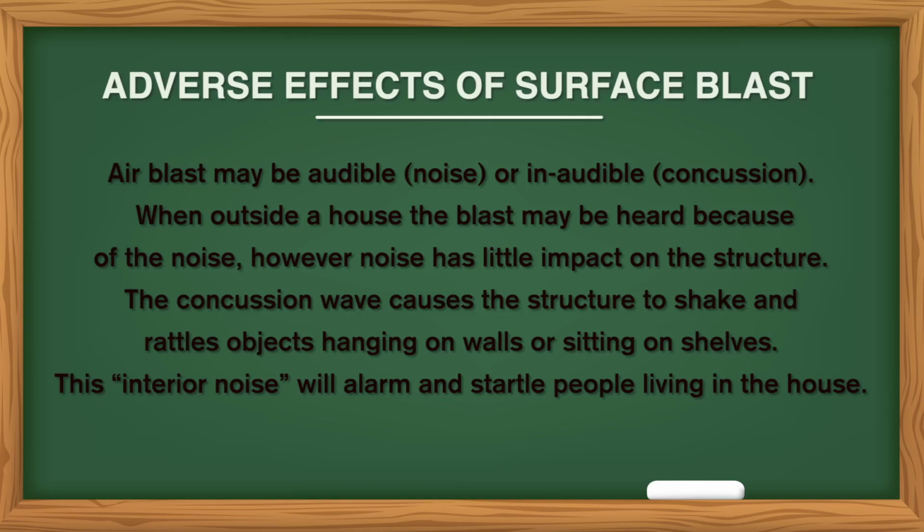However, noise has little impact on the structure. The concussion waves cause the structure to shake and rattle objects hanging on walls or sitting on shelves. This interior noise will alarm and startle people living in the house.